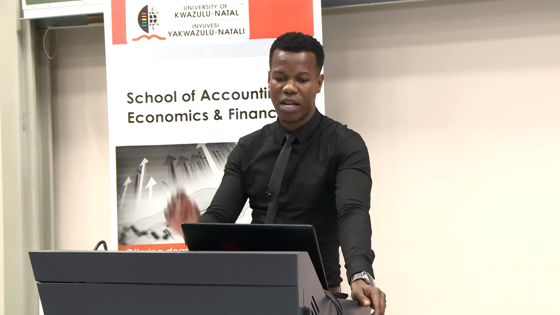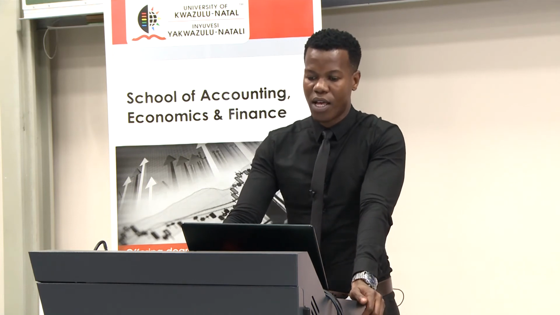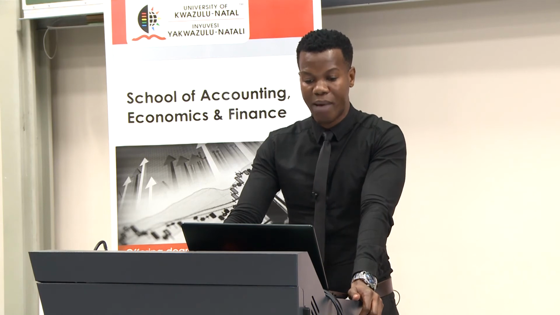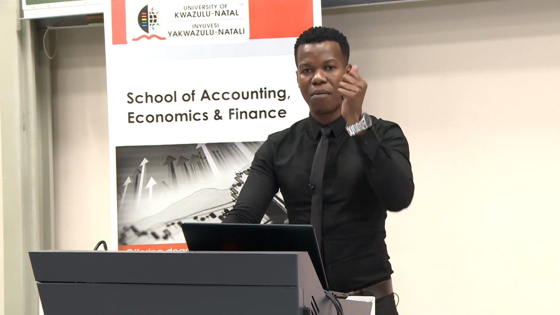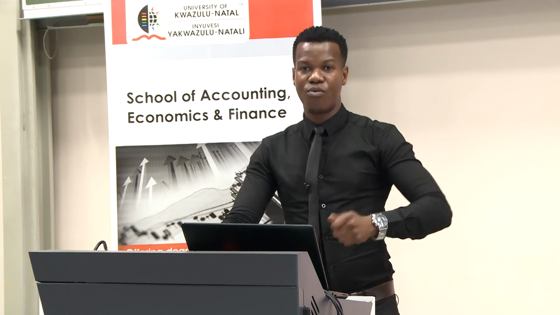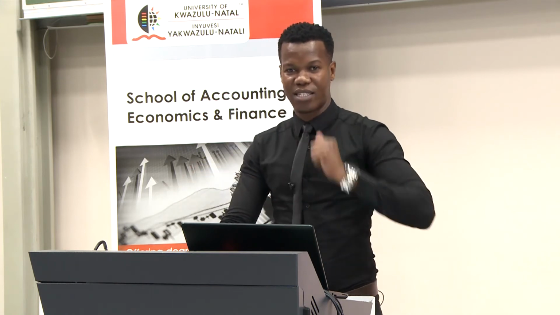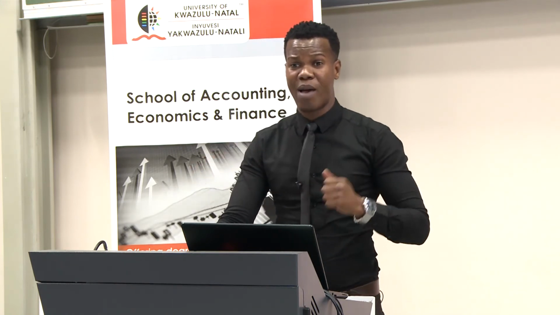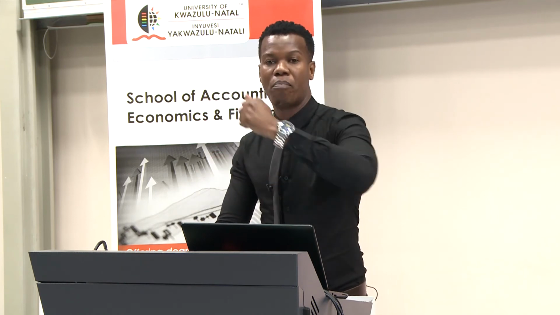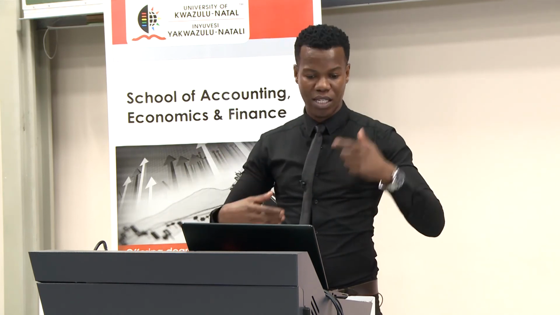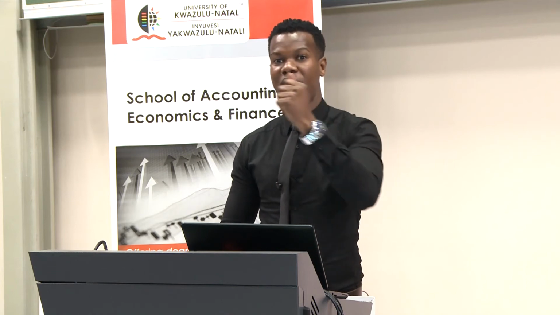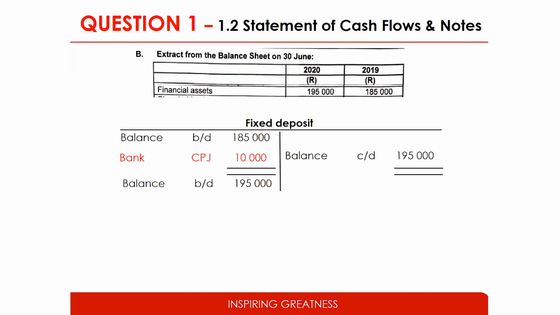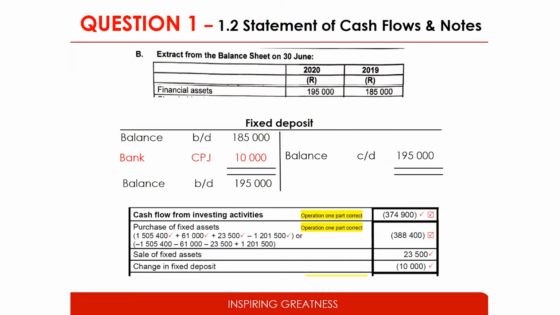It's just a matter of deducting the opening balance from the closing balance. We have taken money from the business and invested it. When you invest, as you can see with my hand, you are putting something out. I'm taking it from my business and investing it. So it's a cash outflow and you will need to indicate it as such.